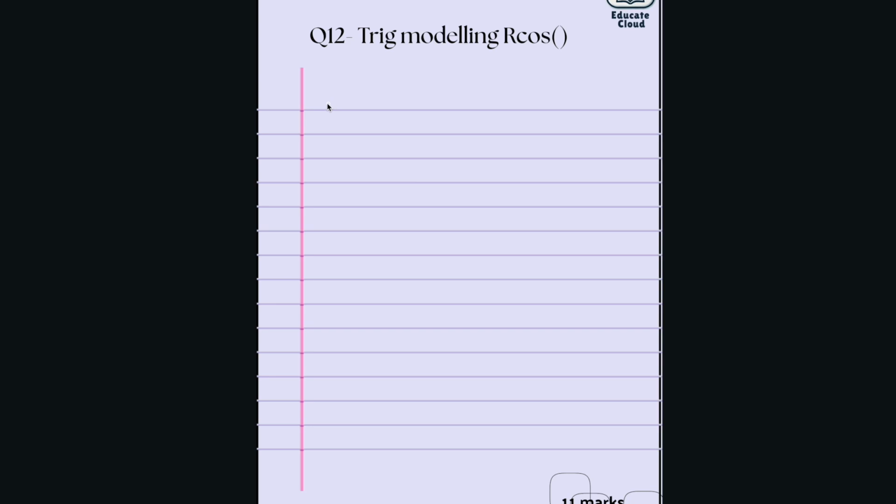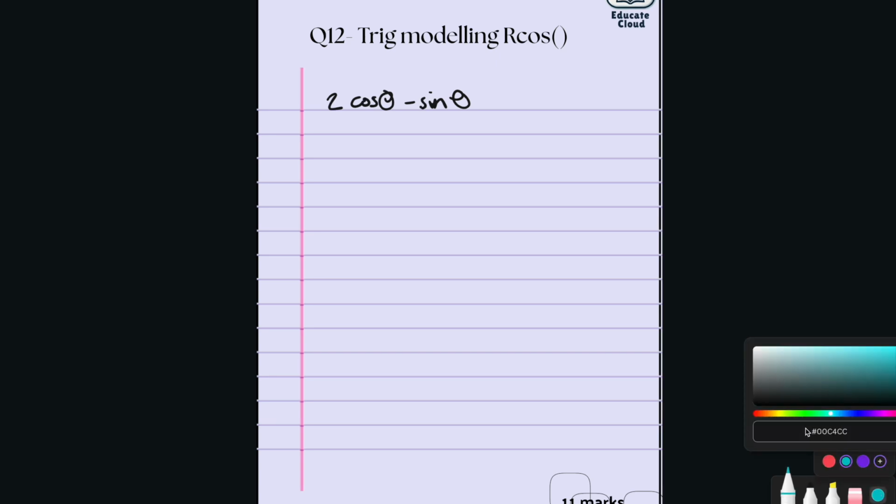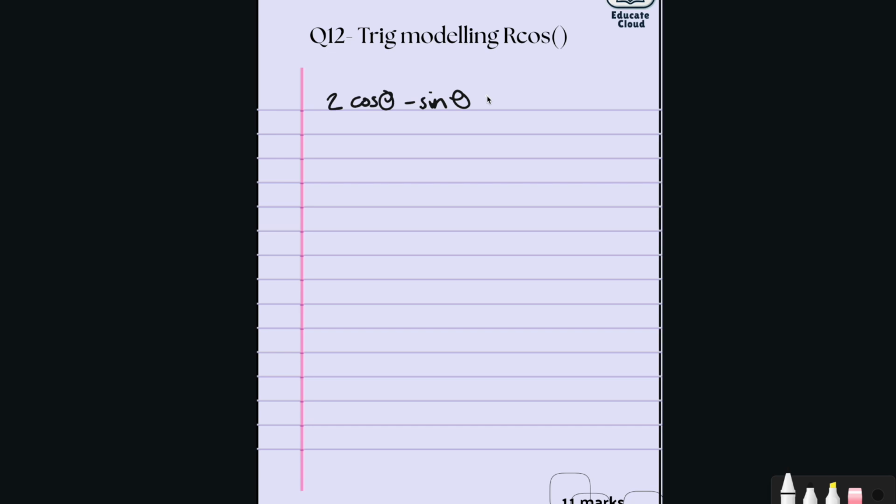So you have 2 cos theta minus sine theta, and I want to put it in r cos form.